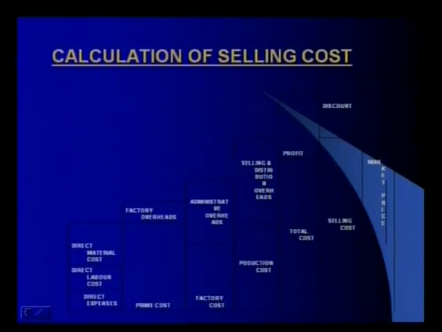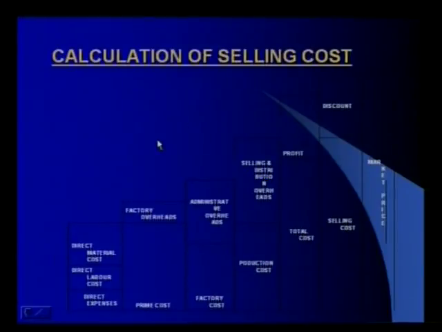In this we can see all the direct material, direct labor and direct expenses, or we can say this is the prime cost of a product. To that, if we add factory overheads, we get the factory cost.